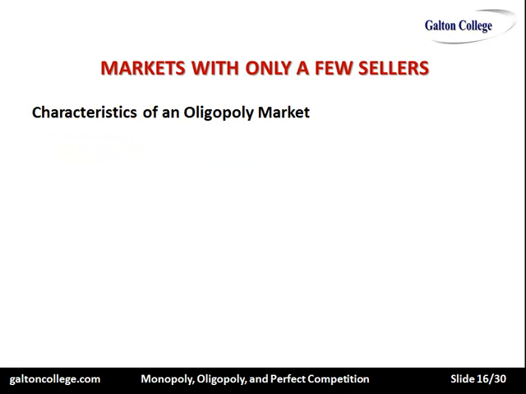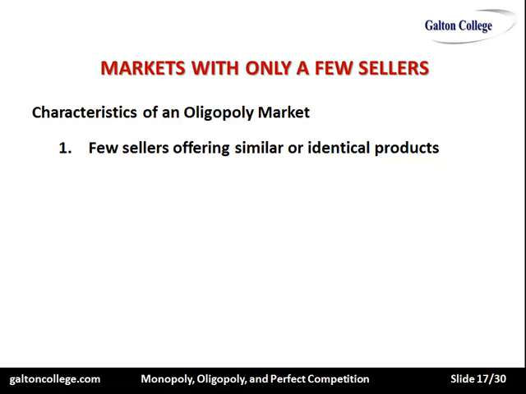So the characteristics of an oligopolistic market. Well, few sellers offering similar or identical products. That's one of the attributes of an oligopolistic market. And in fairness, that seems to be the case in many markets that we study in business, more so than perhaps in economics. The firms are interdependent.